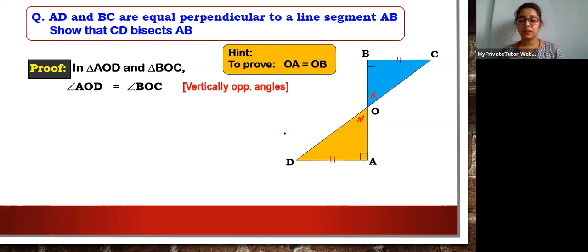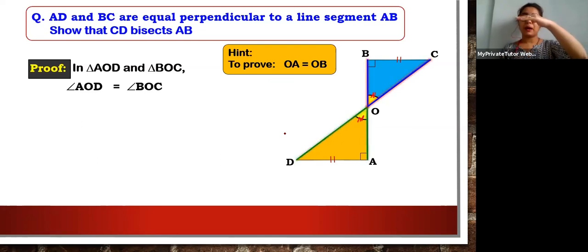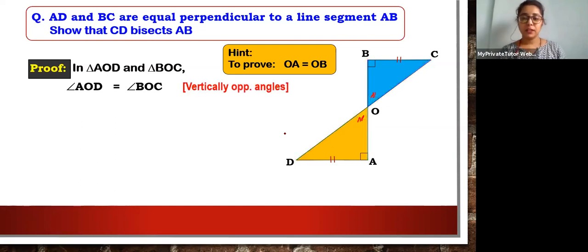Vertically opposite angle. Now what does vertically opposite angle mean? If this part and this part are exactly straight or opposite to each other, they are considered to be vertically opposite angles. So they are vertically opposite angles, therefore they are equal.